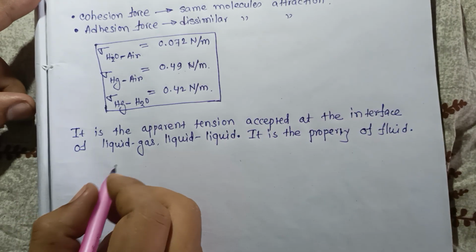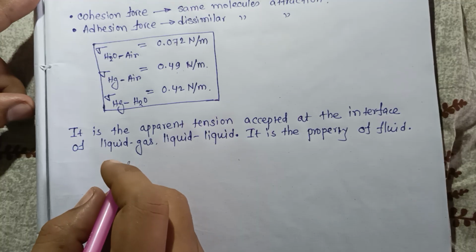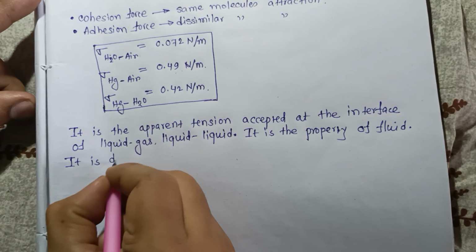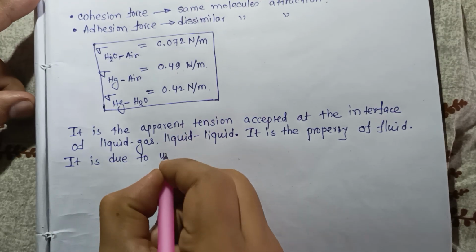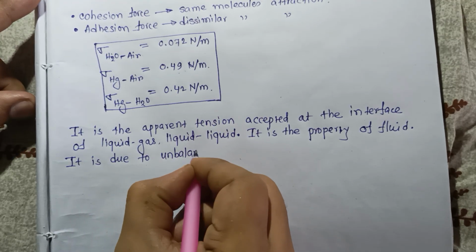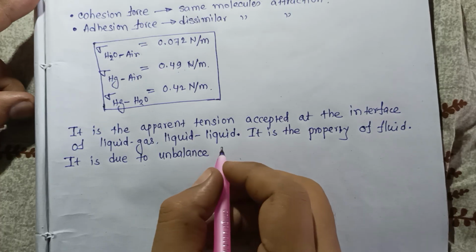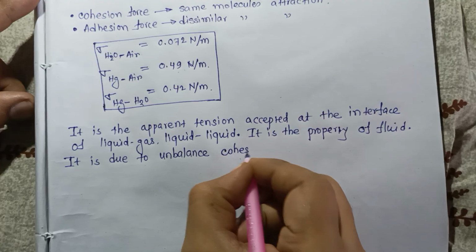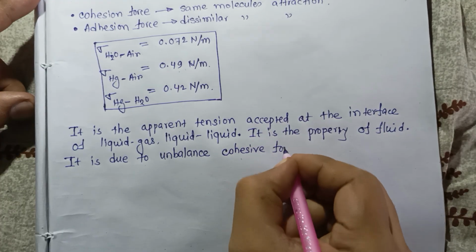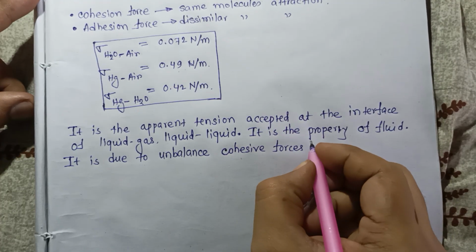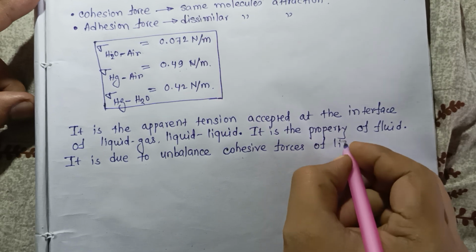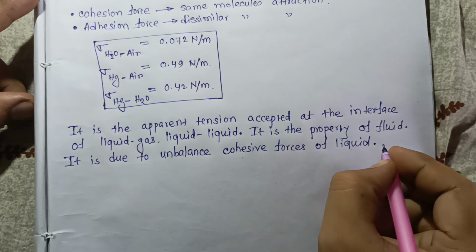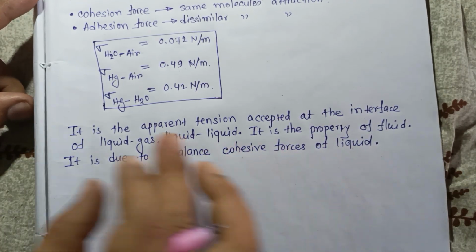It is due to unbalanced cohesive forces of liquid. So surface tension is due to cohesion.